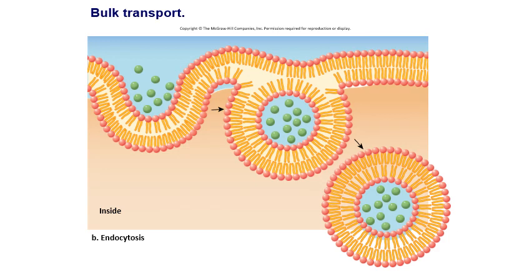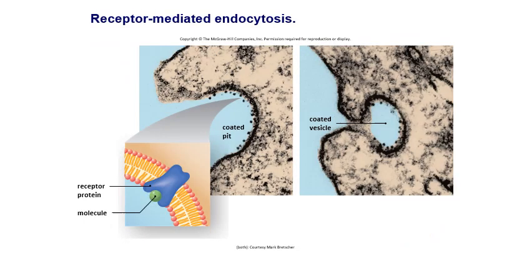All right, so here's what endocytosis looks like. It looks like the exact opposite of exocytosis. We've got some particles here that we want to bring into the cell. We're going to wrap our cell membrane around that until we've created a vesicle, and then we can bring that vesicle to the inside of the cell. And in the example of receptor-mediated endocytosis, what we have here is referred to as a coated pit.